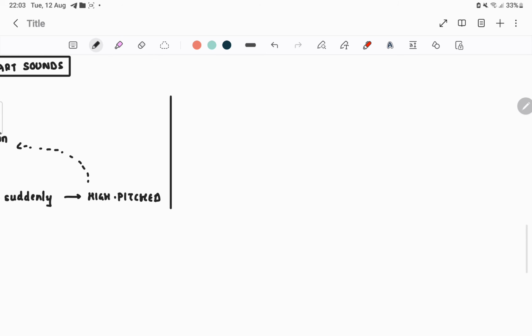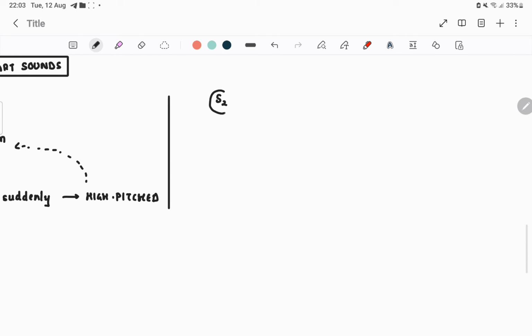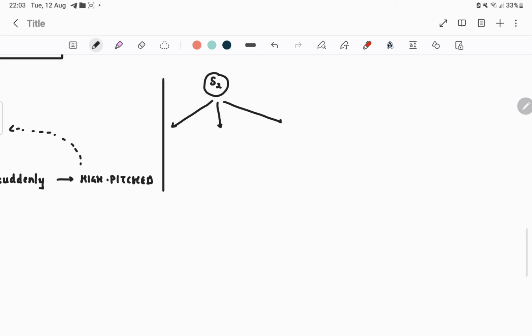If I talk about S2, we have three conditions here, and all three have a reason. If it is a degenerative pathology associated with atherosclerosis, then we'll have a soft S2, because it is just a degenerative pathology.